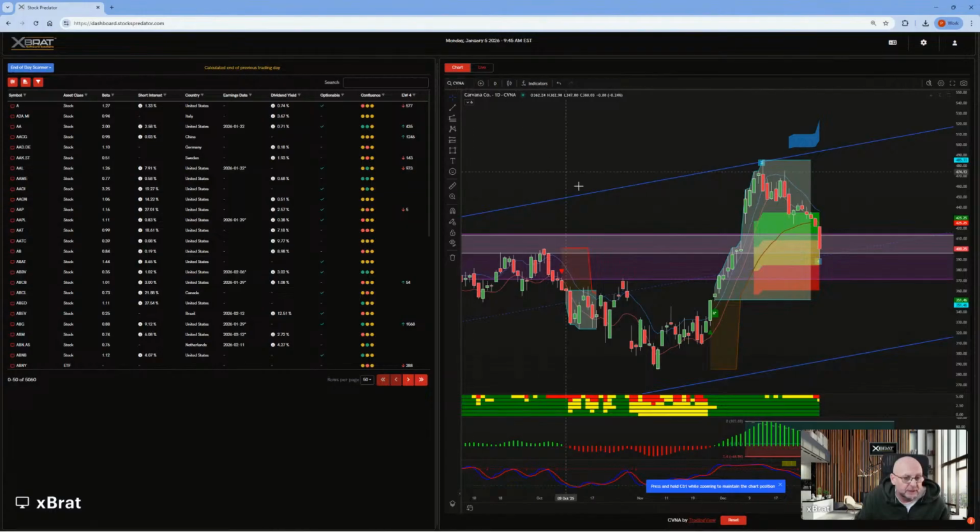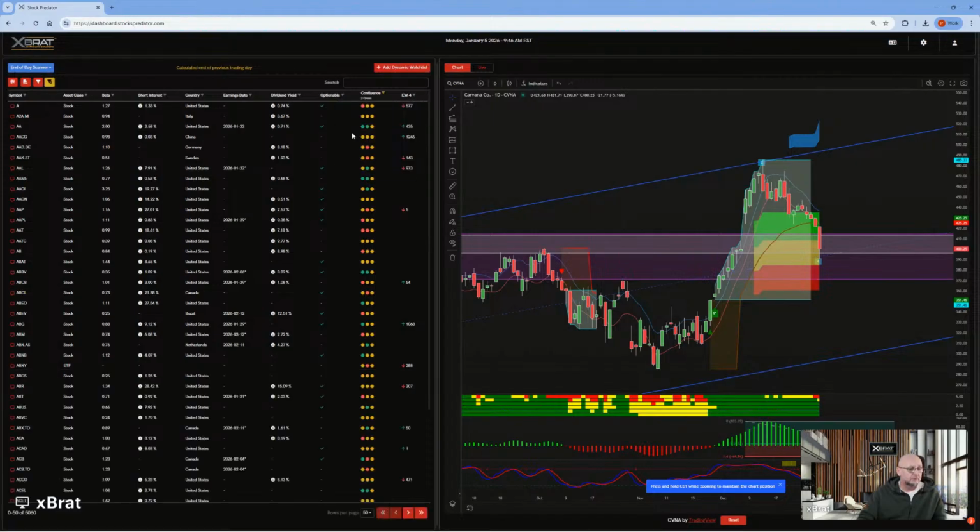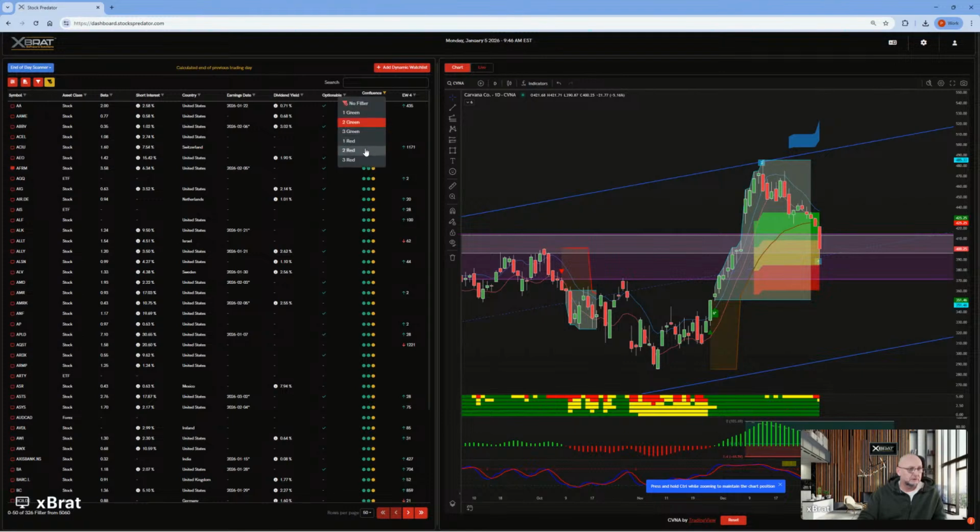This is on my watch list, for example: CVNA, this wave 4 pullback on Elliott wave. If that holds and starts to move up during this week, there could be a good trade there, a good swing trade. Others are, I think, did I look at full confluence here? 2, 3 green.